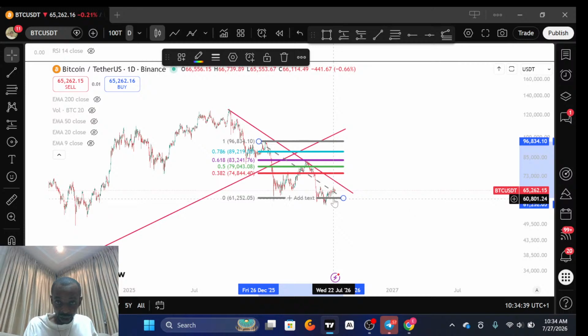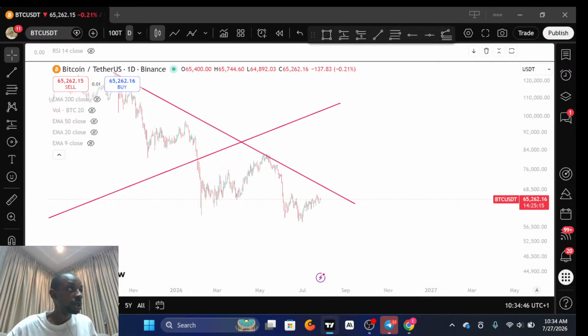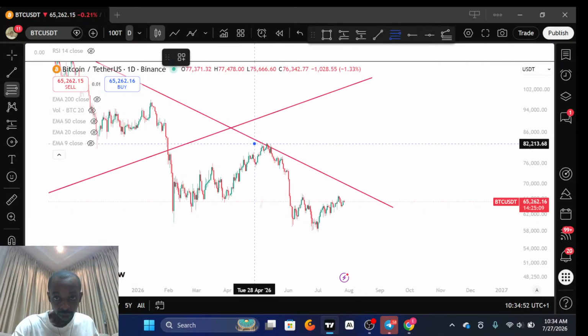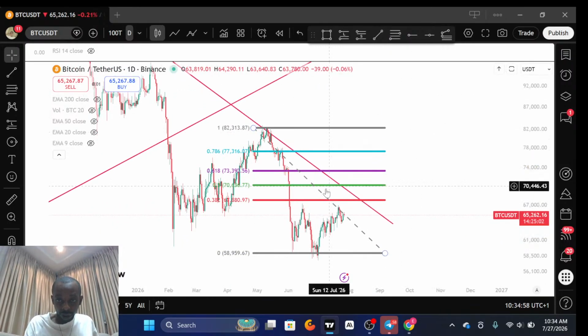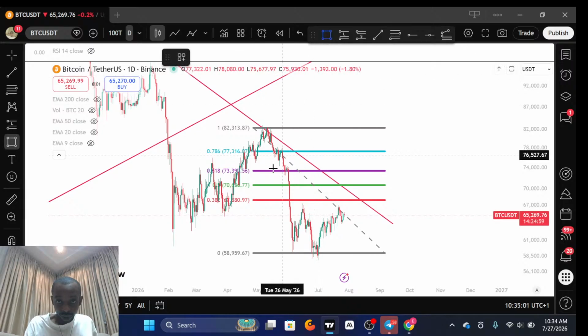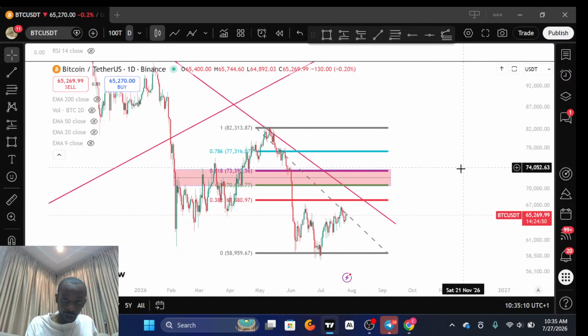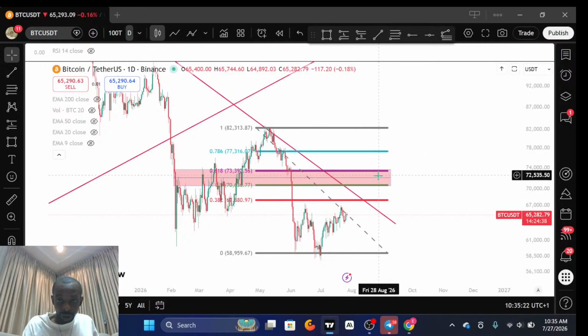So we're expecting any retracement. This market is coming to this point.